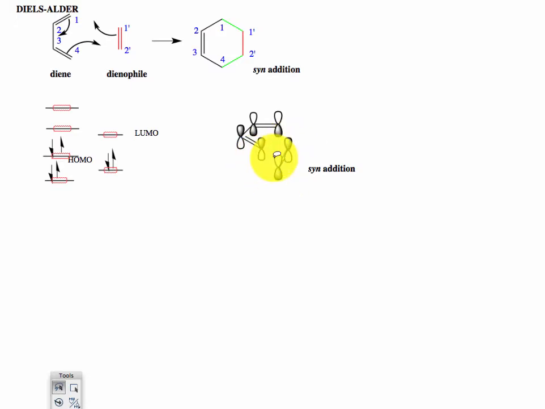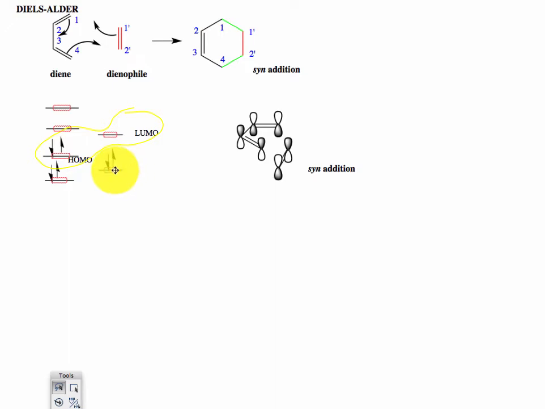And this turns out to be exactly the right symmetry for overlap and creation of 2 bonds at the same time. It also matches with our previous experience, in which we showed that a HOMO and a LUMO must overlap for a reaction to take place. In this case, the HOMO belongs to the electron-rich diene, and the LUMO belongs to the electron-accepting dienophile.